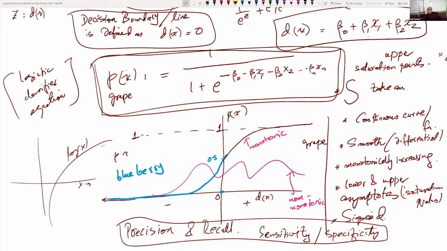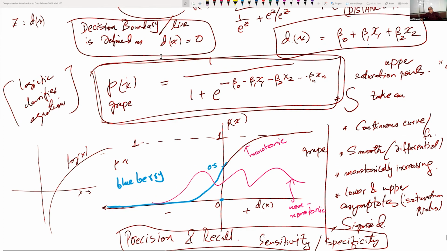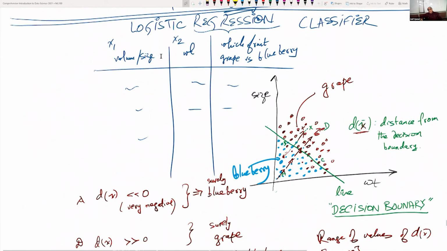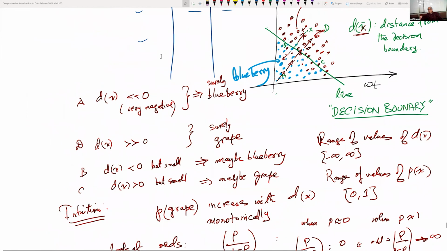Anything else, guys? So I did a lot of mathematics, but please review this. It's not hard. And if you find the mathematics worrying, then much of today's lecture, the derivation of logistic regression, you can entirely forget. The only thing you should remember is there is a decision boundary. The further you go from the decision boundary, the more sure you are of your answer, right?